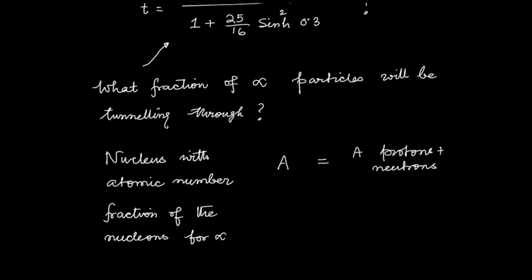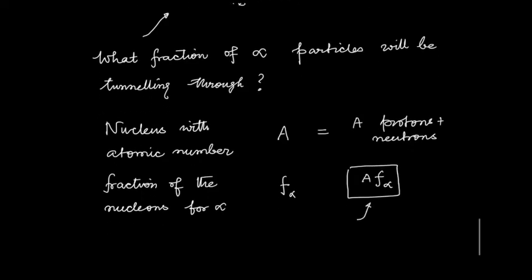You can assume that some fraction f alpha makes alpha particles. So A f alpha is the number of alpha particles in the nucleus.